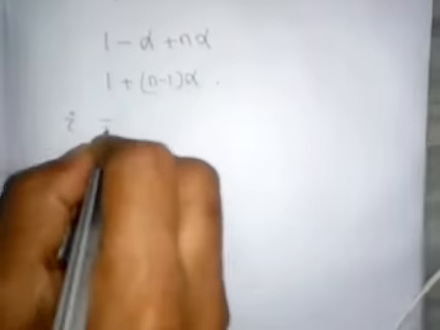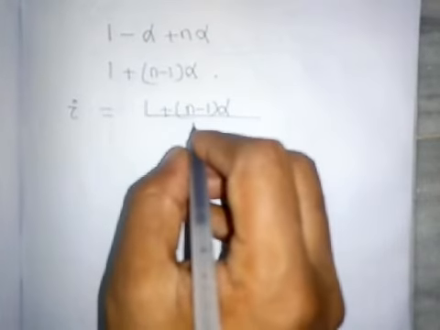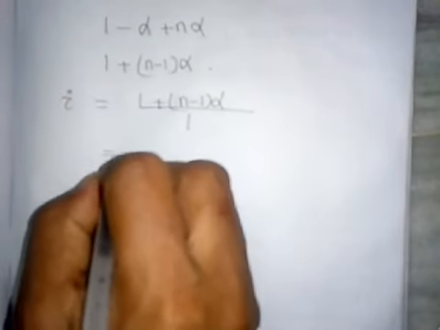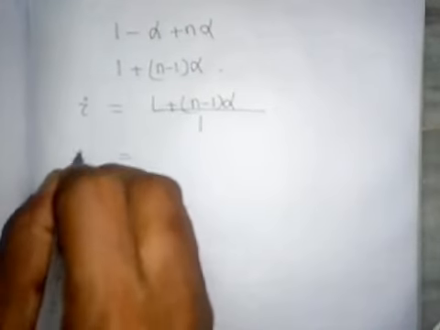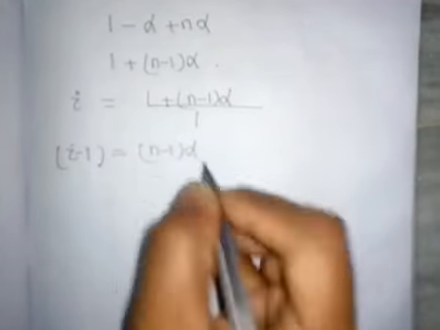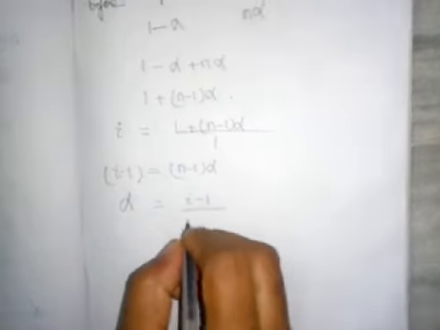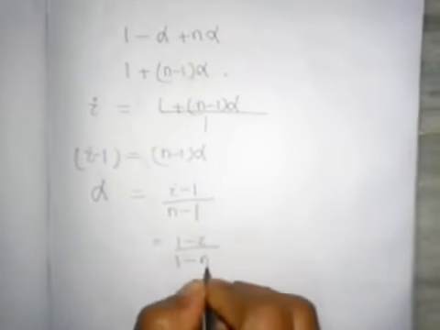Now Van't Hoff factor i is equal to 1 plus (n minus 1) alpha whole divided by 1, or i minus 1 is equal to (n minus 1) alpha, or alpha is equal to (i minus 1) by (n minus 1), or this is equal to (1 minus i) by (1 minus n). For dissociation, i is greater than 1.